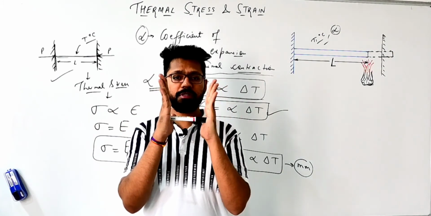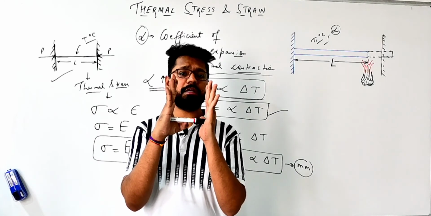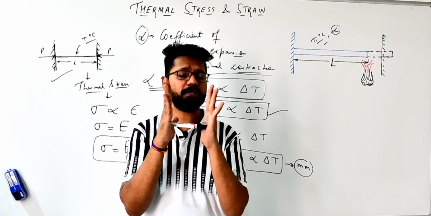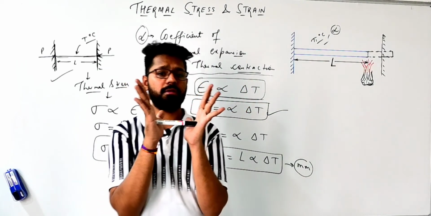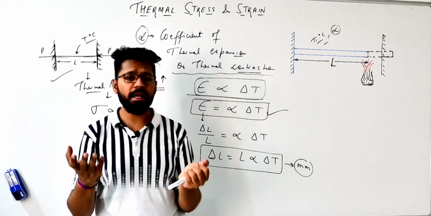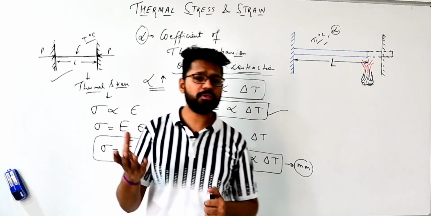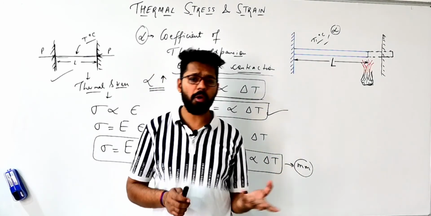If we fix both ends with the help of rigid supports and then heat, it will try to expand, but the rigid supports will offer a compressive reaction, and then thermal stress will be induced in that bar. Okay students, now some yielding cases and some cube problems will be there. Those problems we will discuss afterwards.